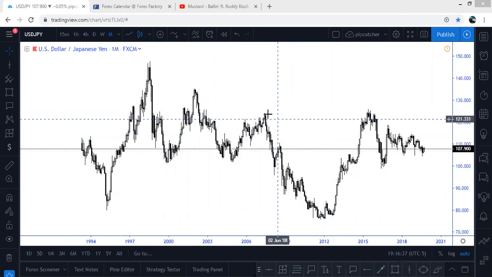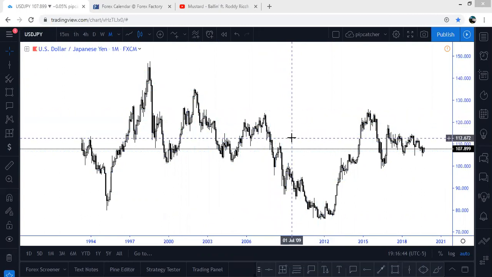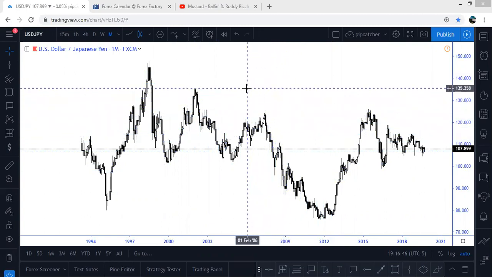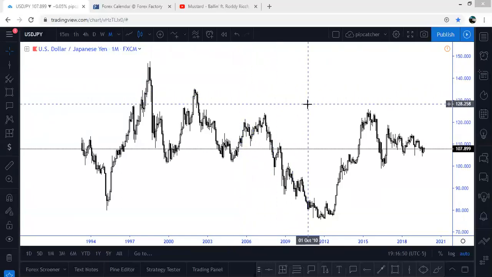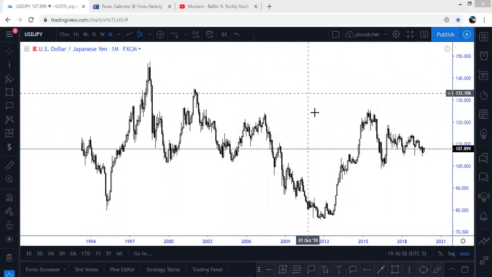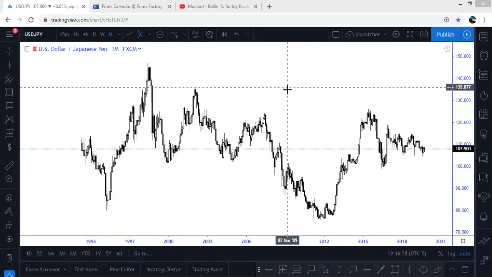So today's lesson might be broken down into a couple parts, maybe a two, three, four part series. But I want to talk about major reversal points in the market.